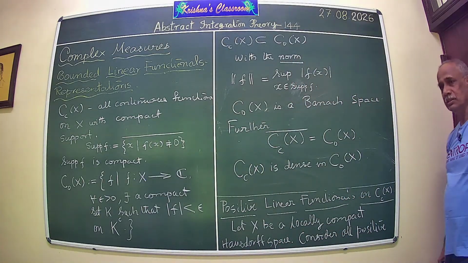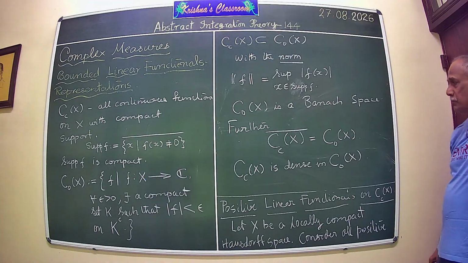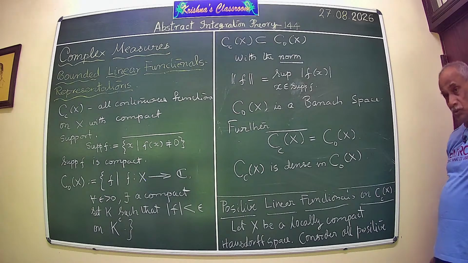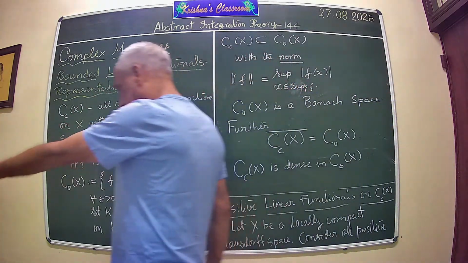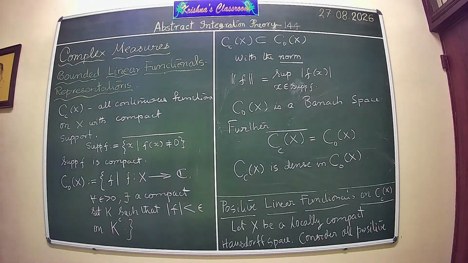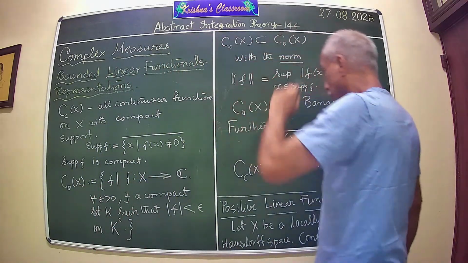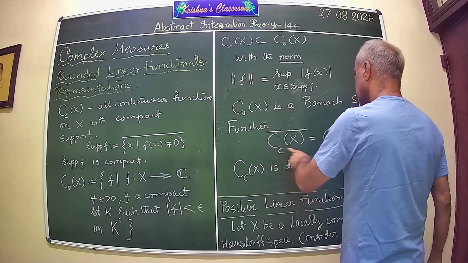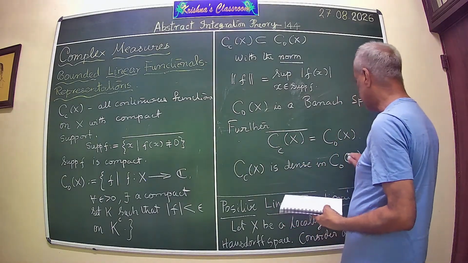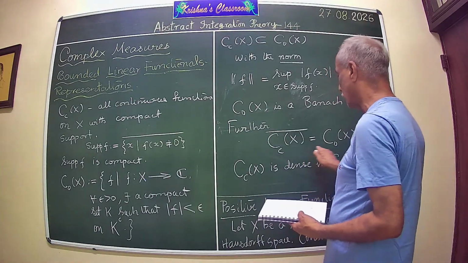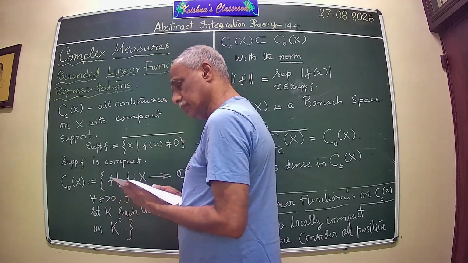The Cauchy sequences in CCX may not converge in CCX itself, but the limit certainly belongs to C naught x. Every element of C naught x can be obtained as the limit of a Cauchy sequence in CCX. Now this is what you mean by the closure of CCX is equal to C naught x. This is a Banach space, whereas this is not. So the completeness property is satisfied. Okay, so we will use that later.